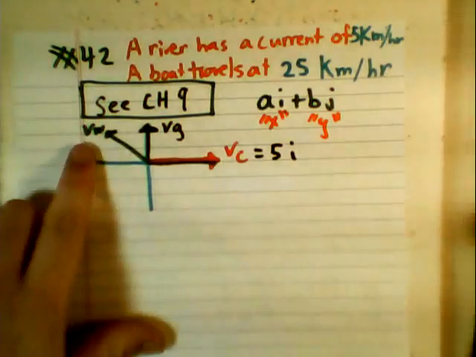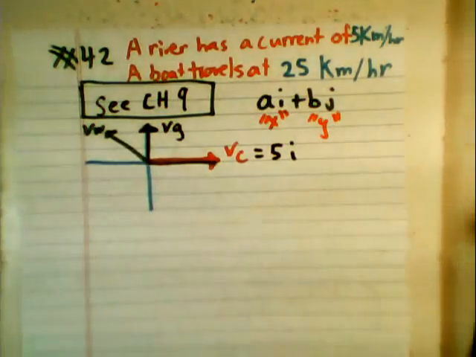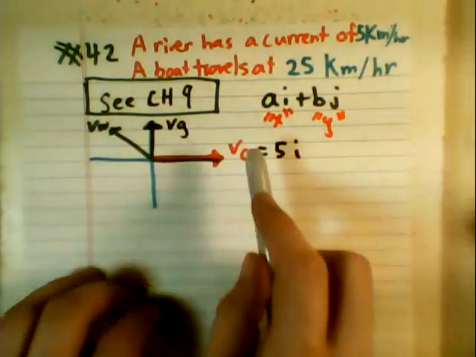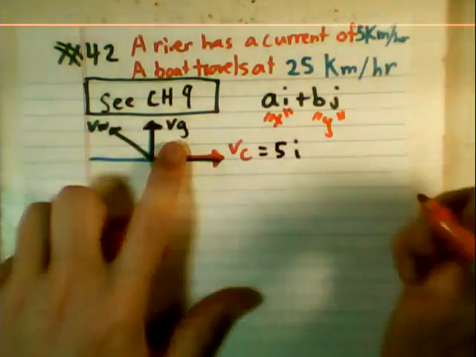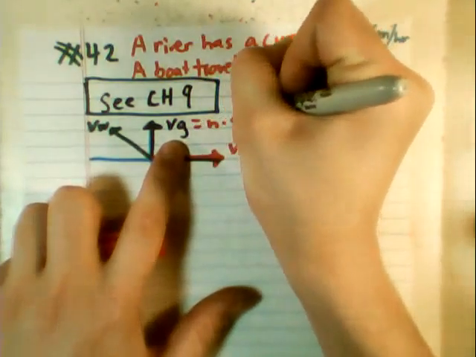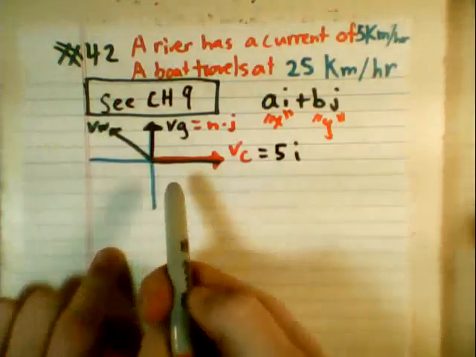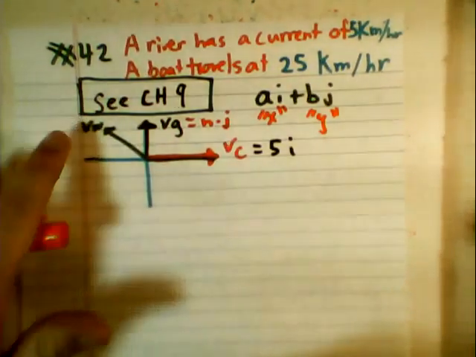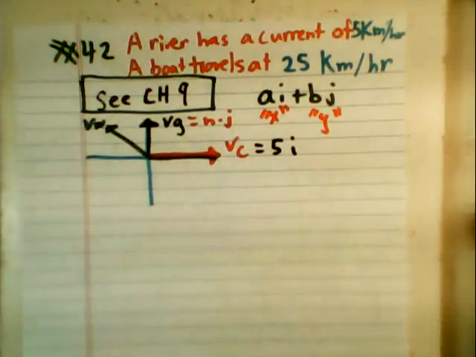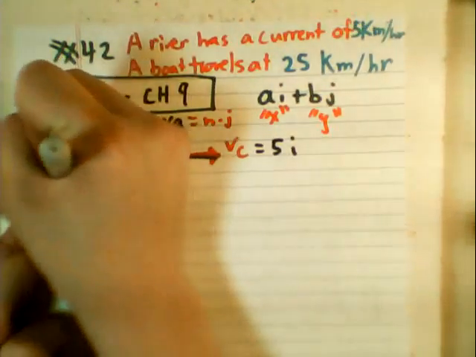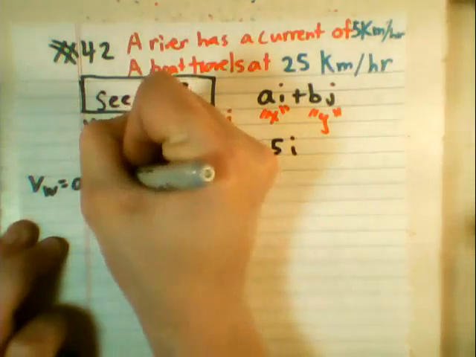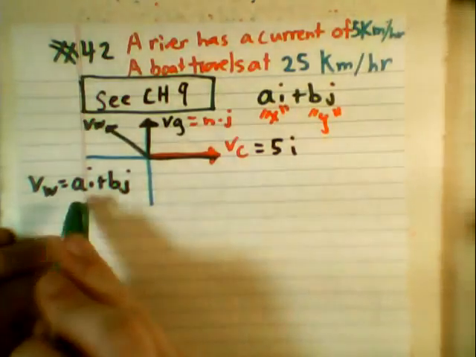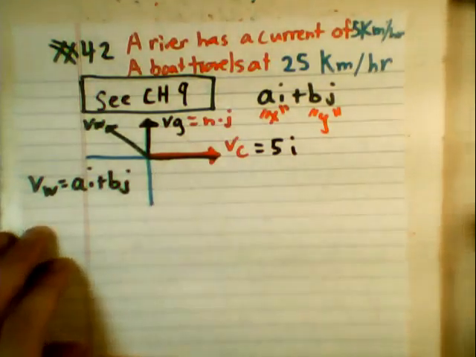Now VW and VG are a little more complicated because we don't actually know what they are. So let's just label VG as n times j, because j is our y component and it's going straight up. Then VW, let's label it as Ai plus Bj, because we don't know those A and B yet, and we need to solve for those.